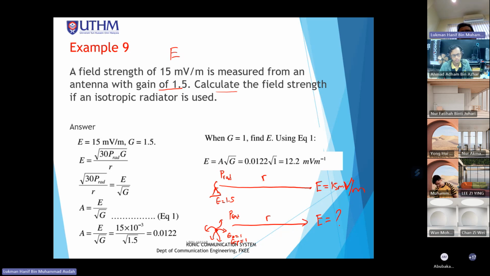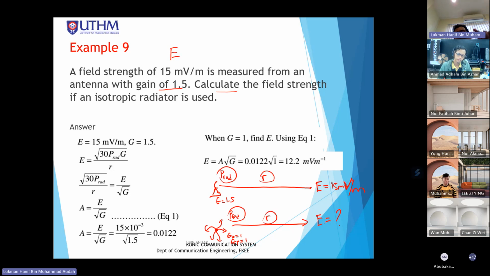For this case, what is the assumption that we know? We should understand that the radiation power should be the same, and the distance should be the same.